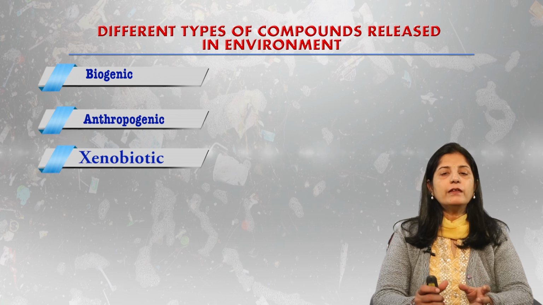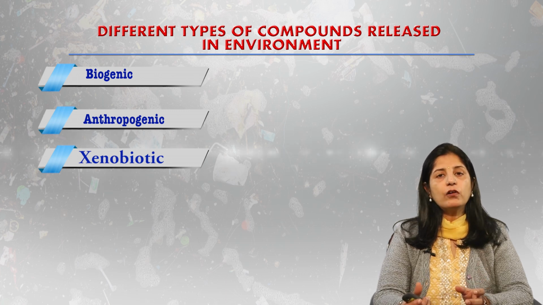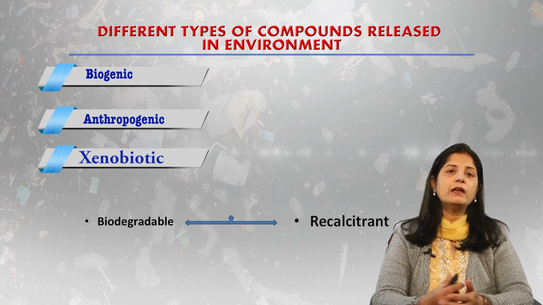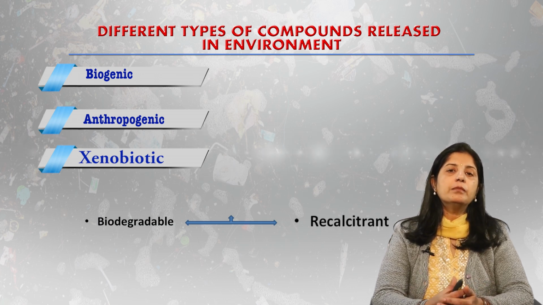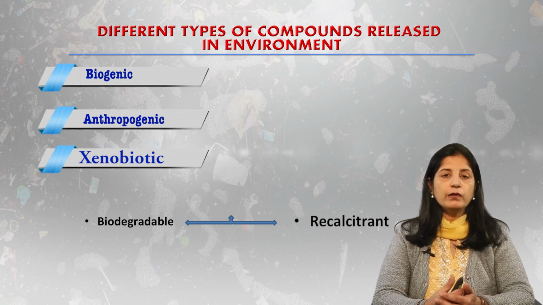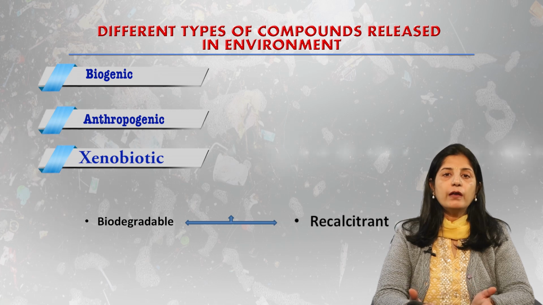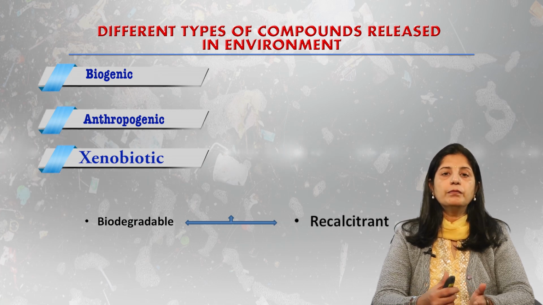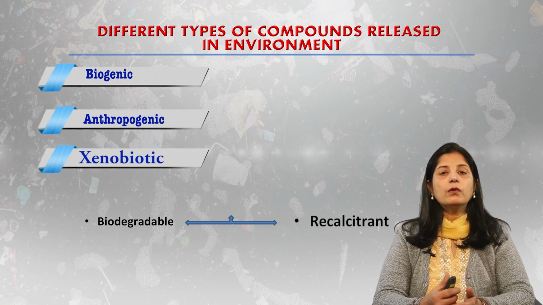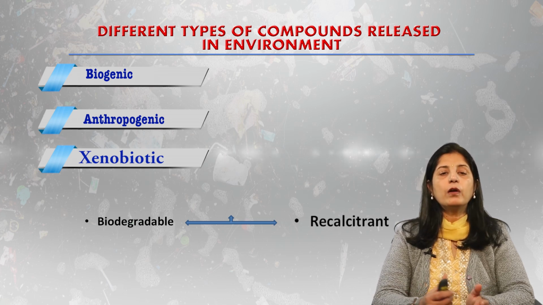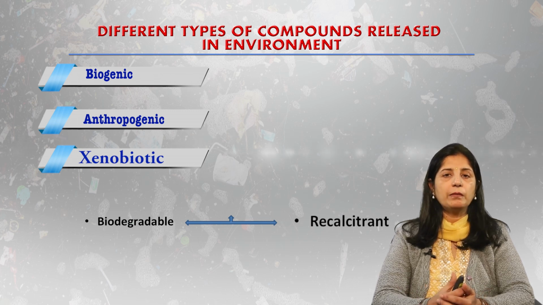Now, based on whether they can be degraded in nature or not, they are divided into biodegradable and recalcitrant. Most of the xenobiotics can be metabolized by microorganisms for their energy or as a source of their nutrients. So, they will be degraded to the smaller compounds which can be easily eliminated. So, they are known as biodegradable.